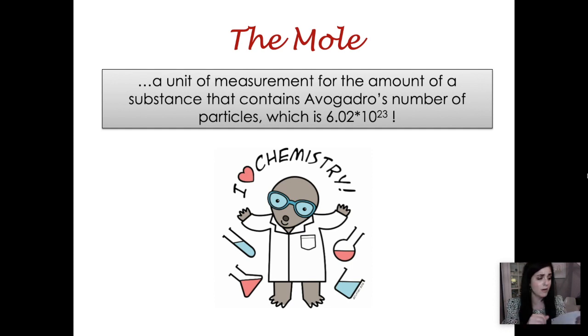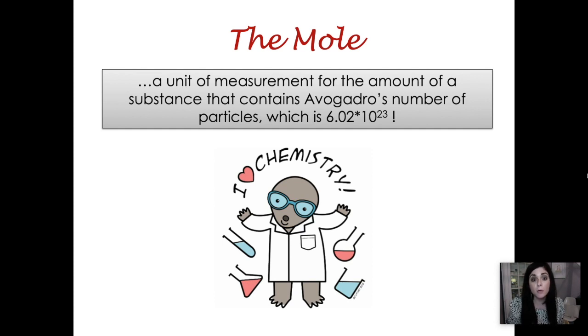And therefore, we need to have a way to measure a very large number in chemistry. Because atoms are so small, we need a measure that's very large to represent them. And that's what a mole is. So a mole is a unit of measurement that tells us how many particles are in a certain unit.